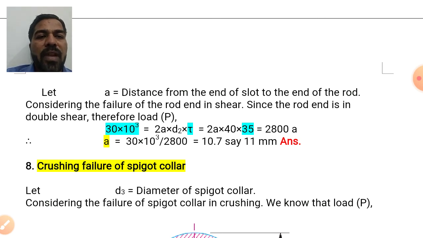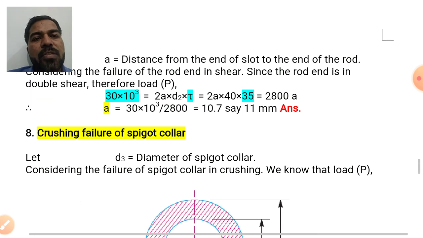Now put the value of stress and D2 in this equation. After this we will obtain the value of A is equal to 10.7, or A is equal to 11 mm according to standardization.